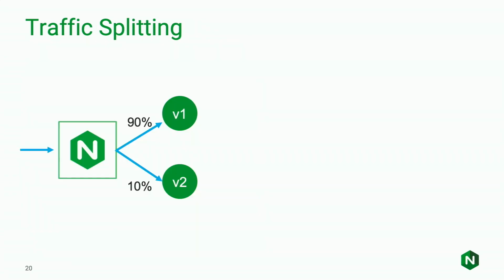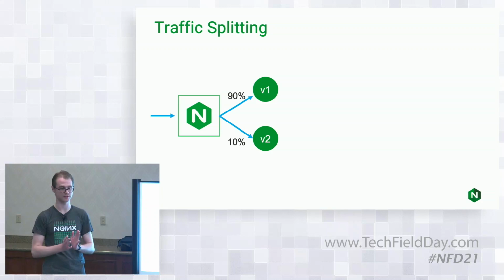One of the limitations that we're trying to address is to provide support for better routing. I'll give you an example. What if you want to split requests between two versions of the same application? 90% would go to one version and 10% to another version.